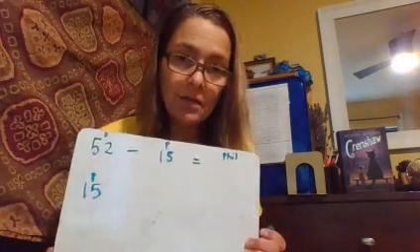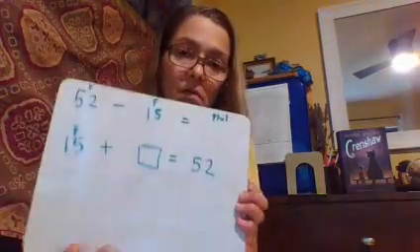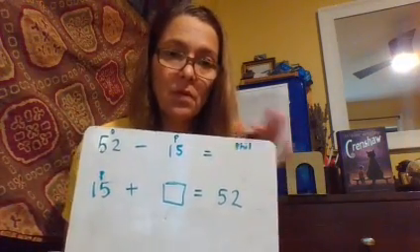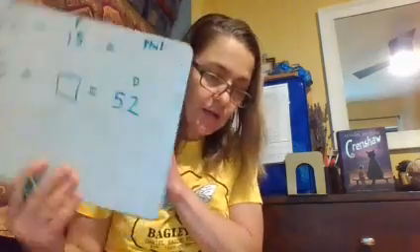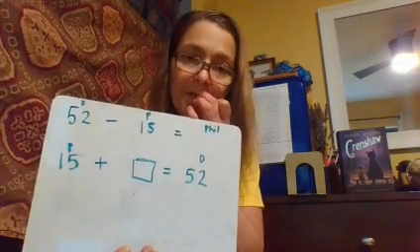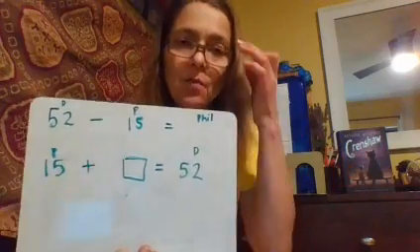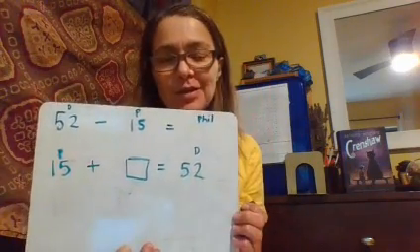Okay, and then you would need to add 15, what Phil has less, to an unknown, we don't know, the unknown, okay, and then the 52, the total that Davis has. So it just depends on which one works better for you, subtraction or addition.